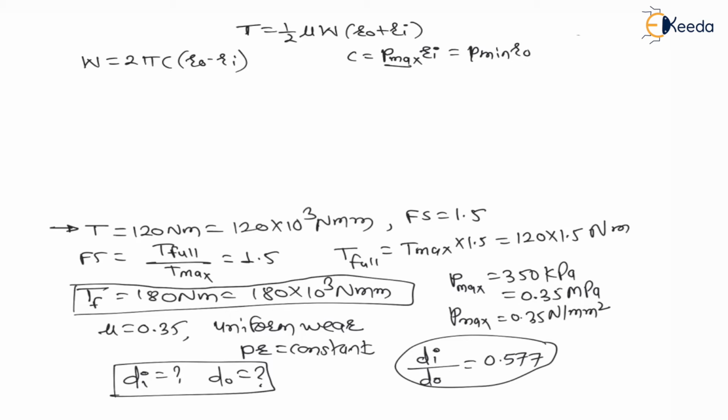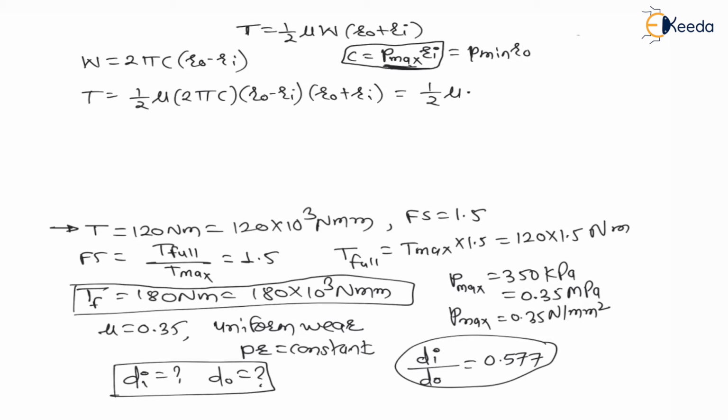Now, as maximum pressure is given, we will use maximum pressure into minimum radius for C, right? Therefore put the W value in the torque equation. Therefore torque is equal to 1 half mu into 2 pi C into (Ro minus Ri) into (Ro plus Ri).